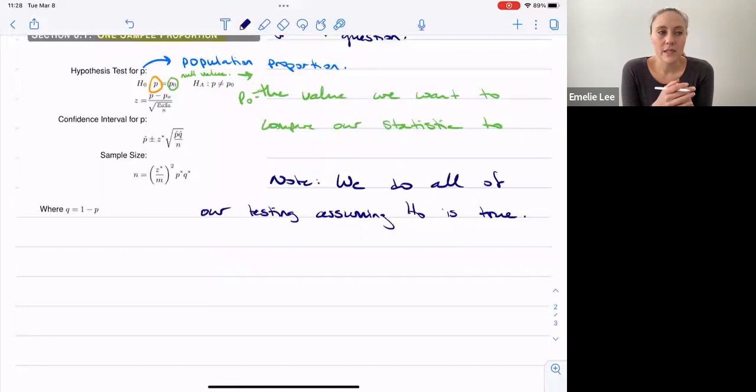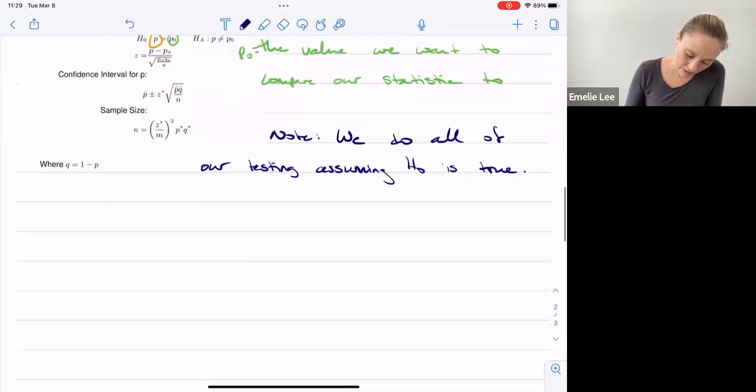That's going to come back into play later in our conclusion, for example, but it's important to keep in mind as we go. We assume the null hypothesis is true, even if it's not what we're trying to show. But the goal is to have our sample provide so much evidence against it, saying things like, the probability of that happening is so low if the null hypothesis were true, that it makes me lean towards the alternative hypothesis.